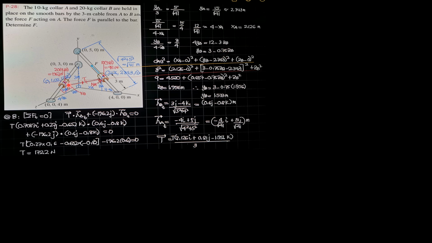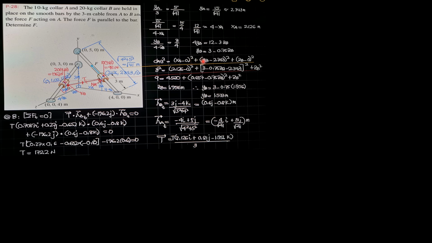And because the length of cable AB is 3 meters as mentioned here, the distance AB squared is equal to XA minus 0. By the way, the value of X for collar B is 0.